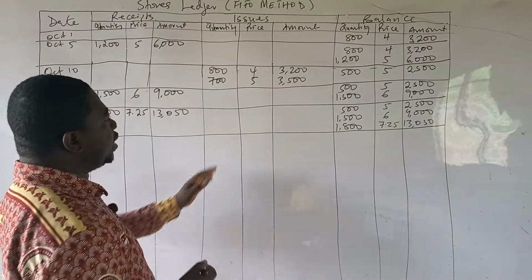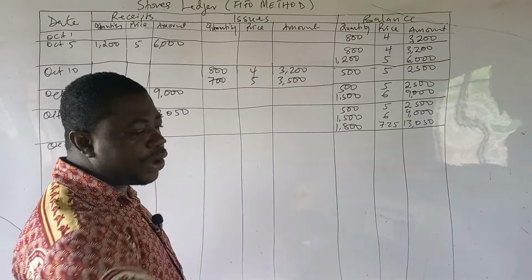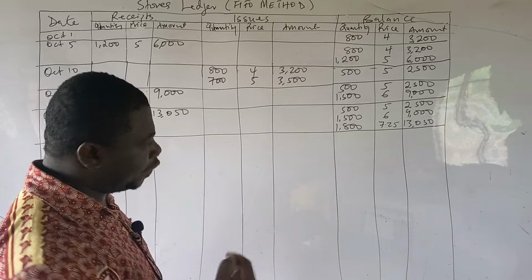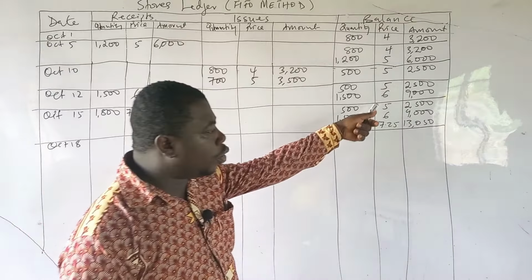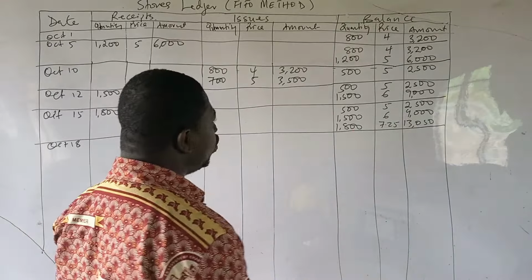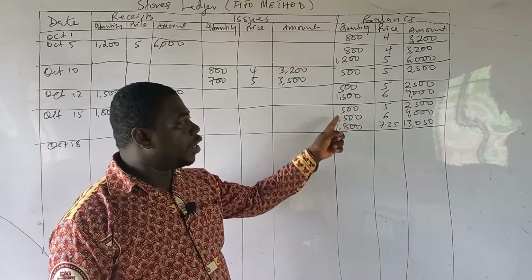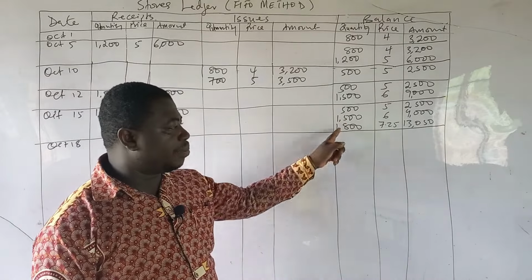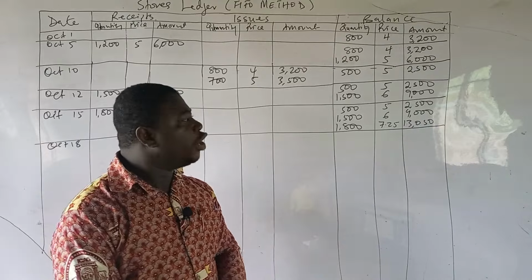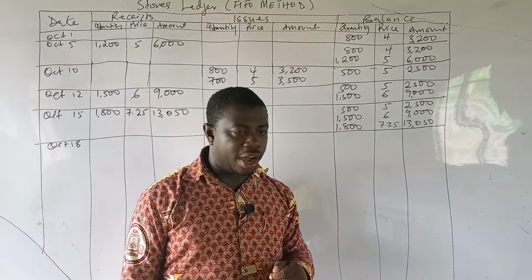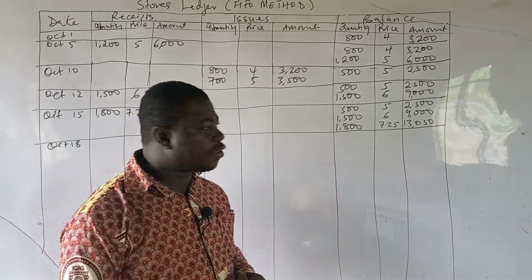We are not going to use the unit price of 10 that they gave. We are still going to go by our FIFO-LIFO method. So 3,400, we have more than enough. These two make 2,000, plus this becomes 3,800. So we can actually issue 3,400 and we'll still be left with a balance of 400.